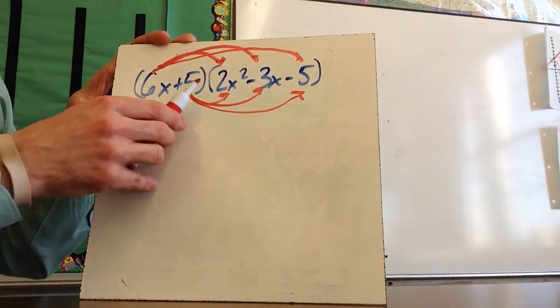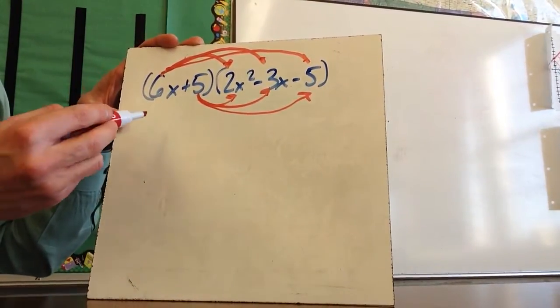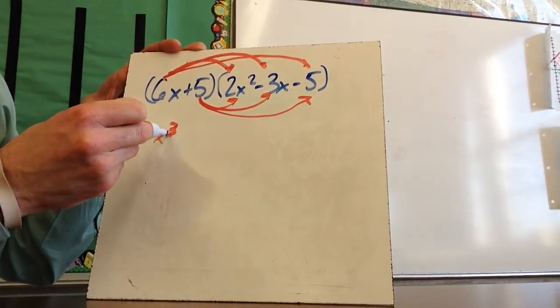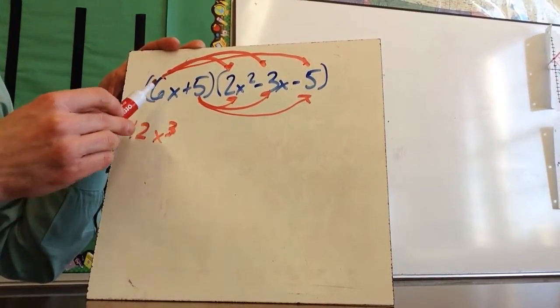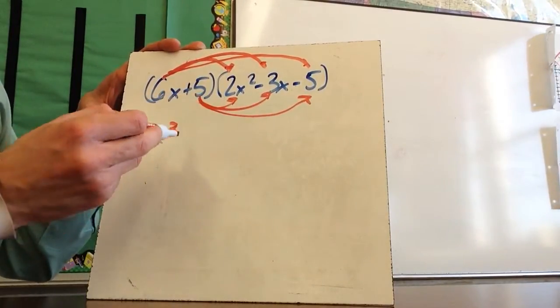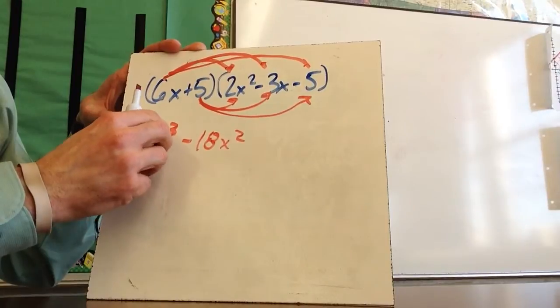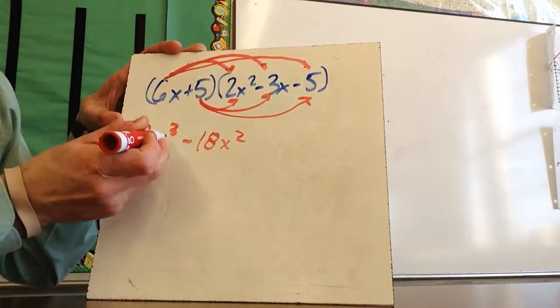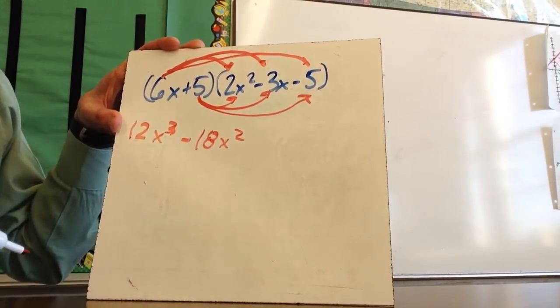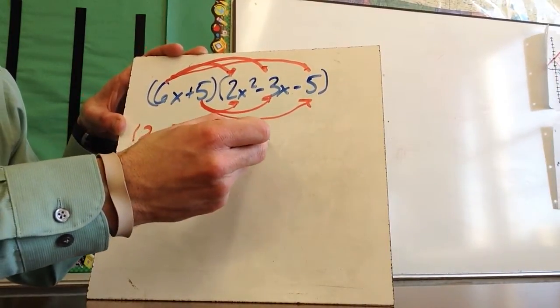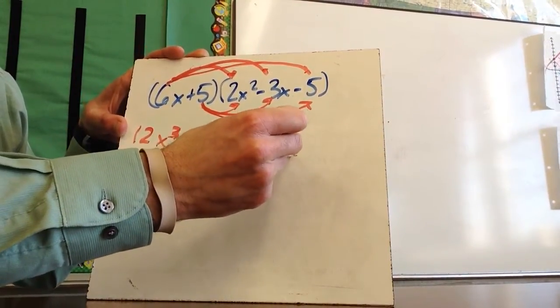Okay, so 6x times 2x squared would be 12x to the third, because remember I'm multiplying numbers and then adding the exponents. 6x times negative 3x is negative 18x squared. 6x times negative 5 is negative 30x.